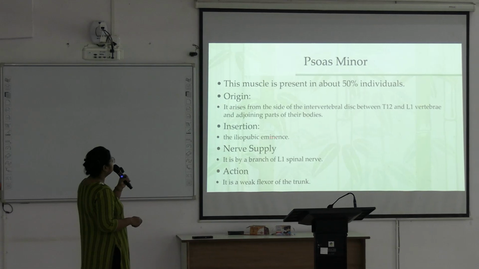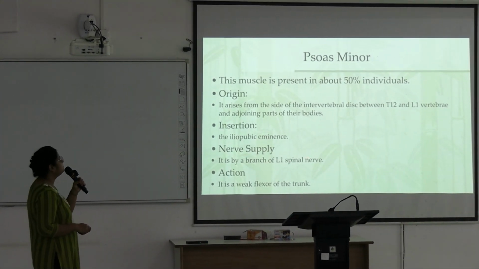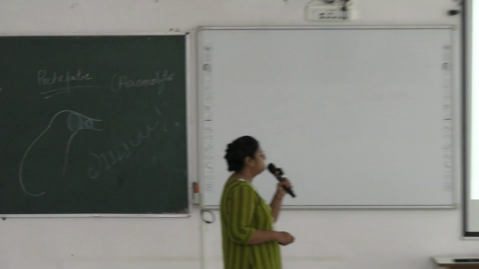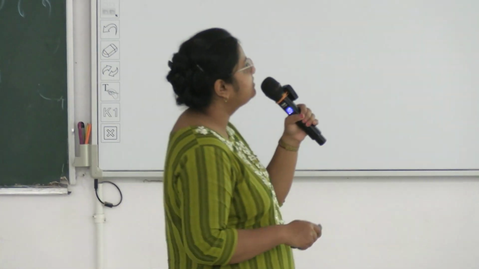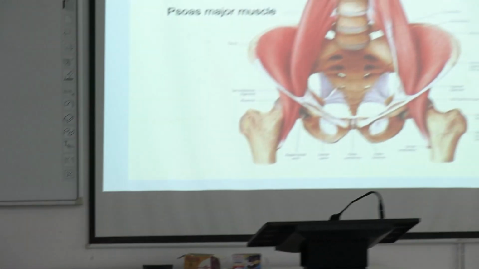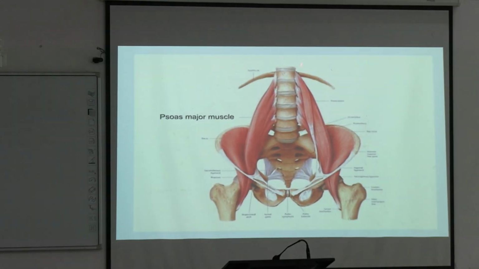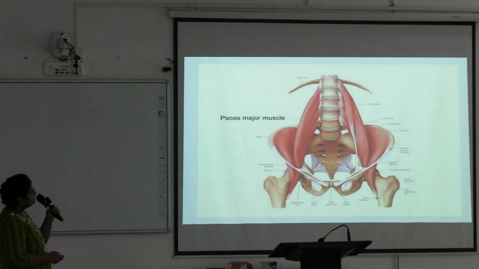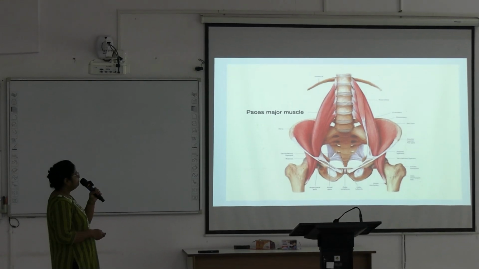Insertion is into the iliopubic eminence. Nerve supply is by a branch of L1 spinal nerve. Action: it is a weak flexor of the trunk. Next, see here, this is psoas minor arising from the intervertebral disc between T12 and L1 and inserting into the iliopubic eminence.